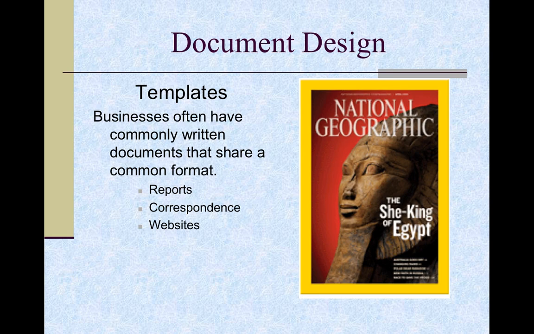For example, National Geographic has this standard iconic cover: the yellow border, the text with a heading, National Geographic, with a font. So when you see the border with the text, immediately you associate it with National Geographic.